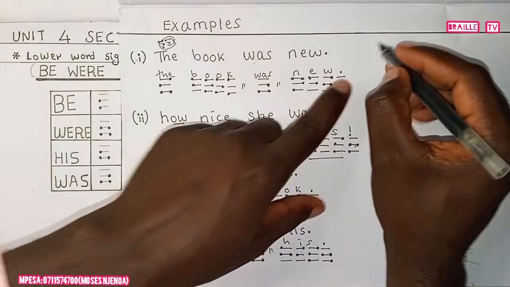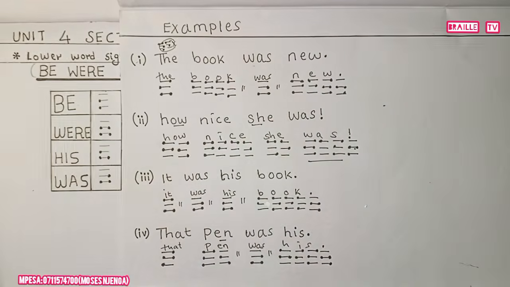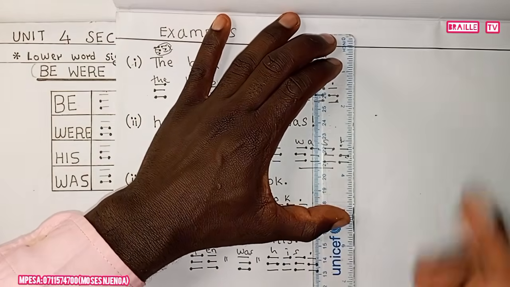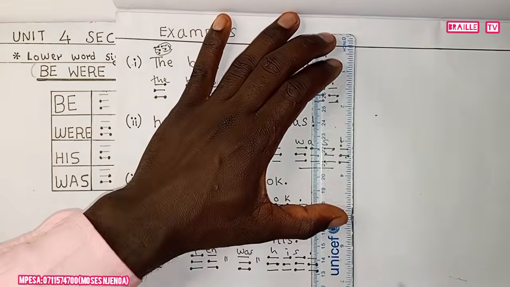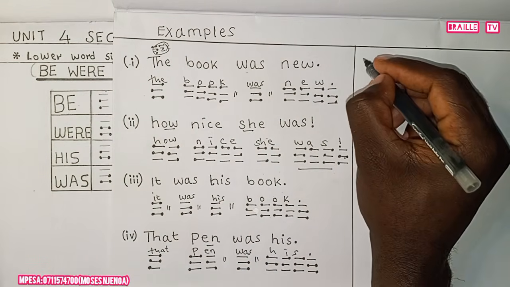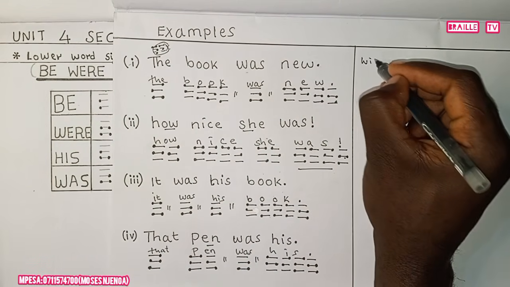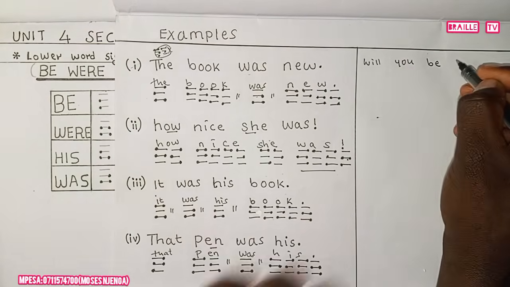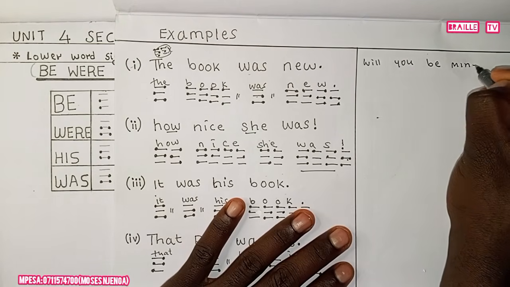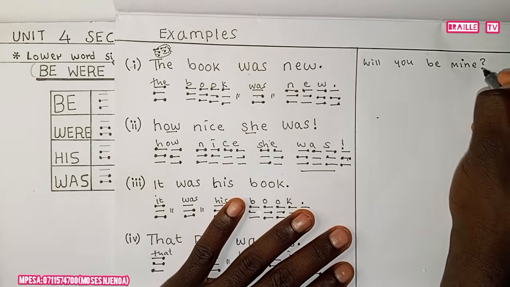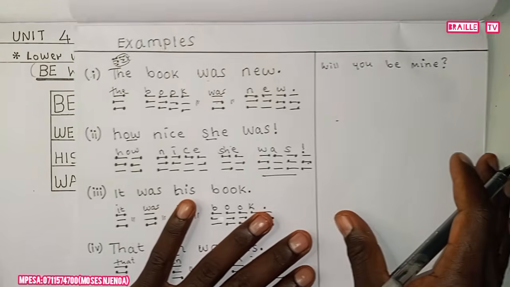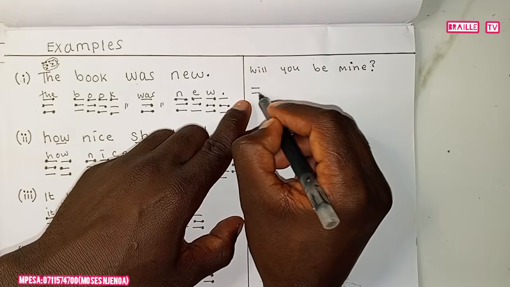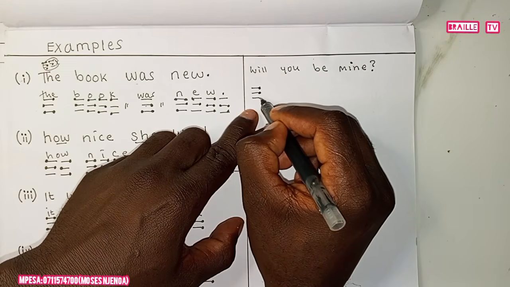For example, let me come up with another example. Will you be mine? Let's assume it's a question. So here you write will as W standalone.